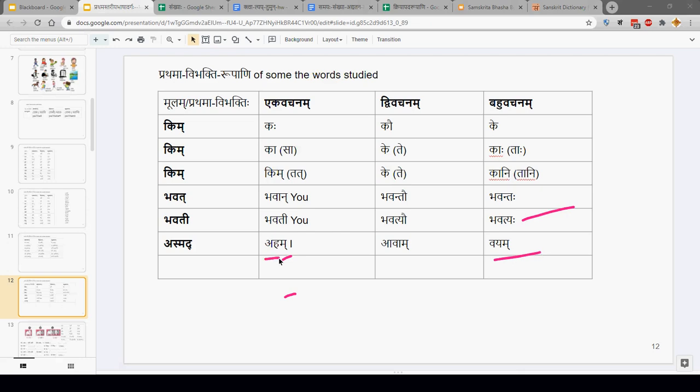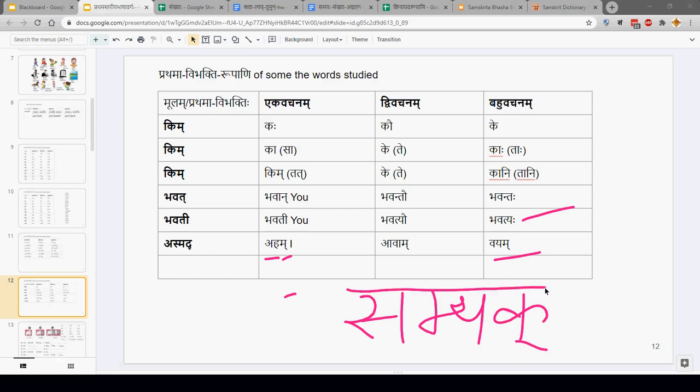The answer would be, aham samyak. Samyak is also avyayam. Avyayam is indeclinable, no change in form based on lingam or vachanam. It remains the same, a fixed form. So, Aham samyak asmi. Because it is aham, it changes to asmi now. Okay.